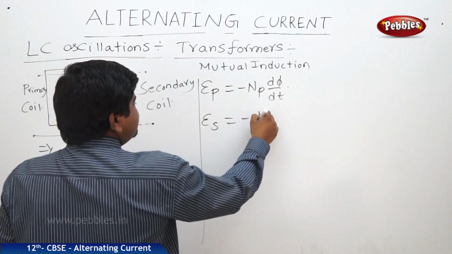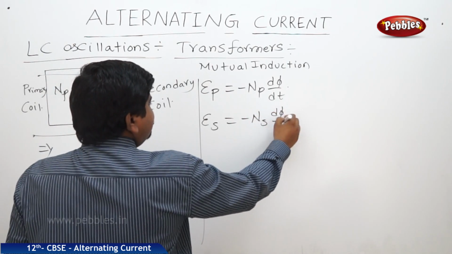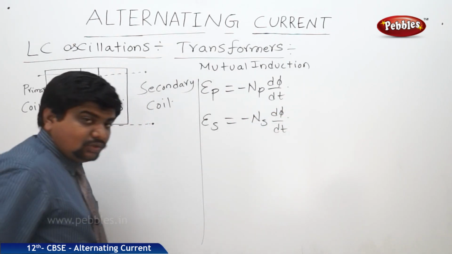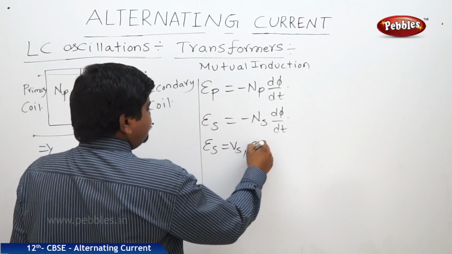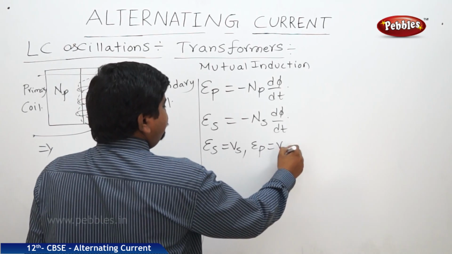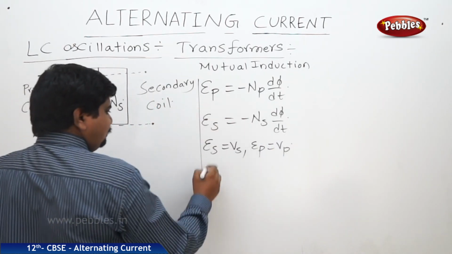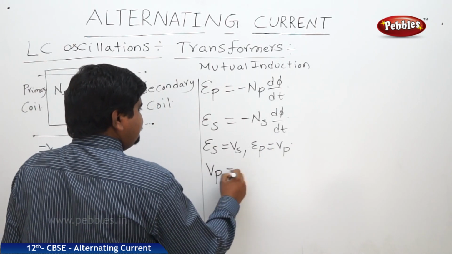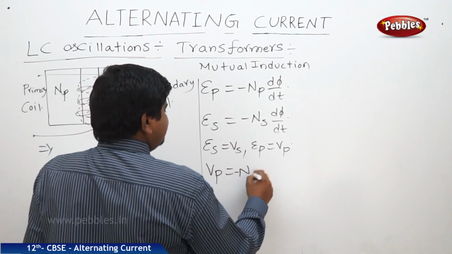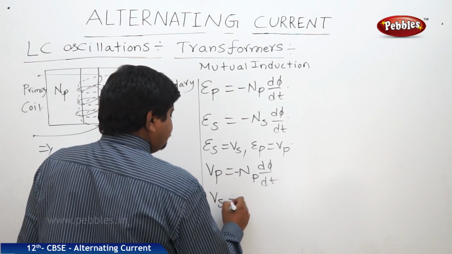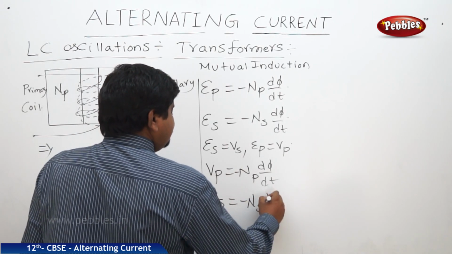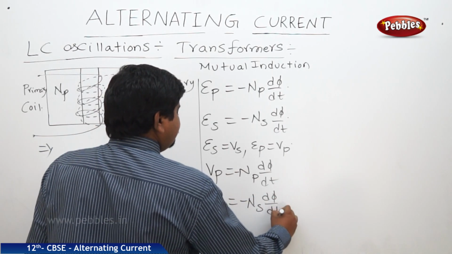ES is equal to minus NS into d phi by dt. We know that ES is equal to Vs, EP is equal to Vp. Therefore, we can write Vp is equal to minus NP into d phi by dt, and Vs is equal to minus Ns into d phi by dt.